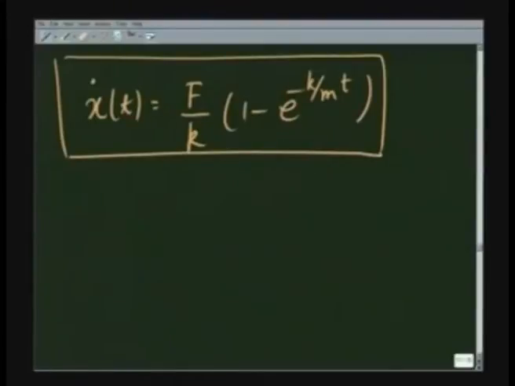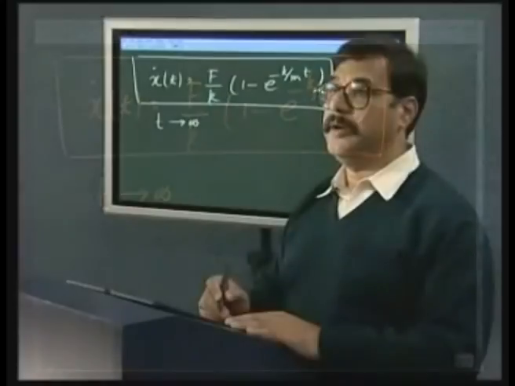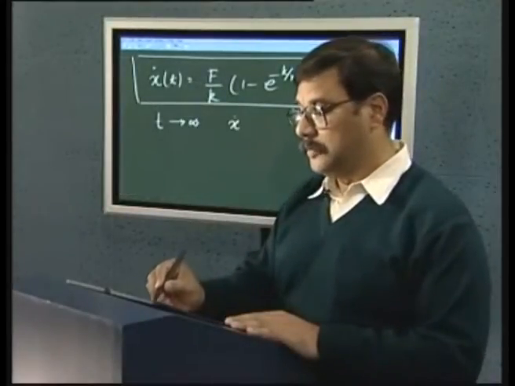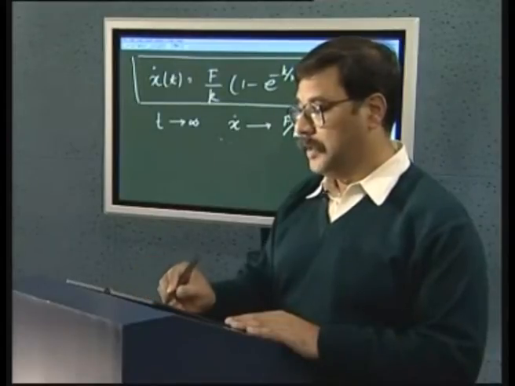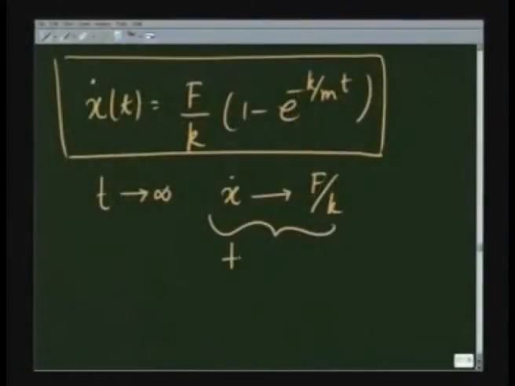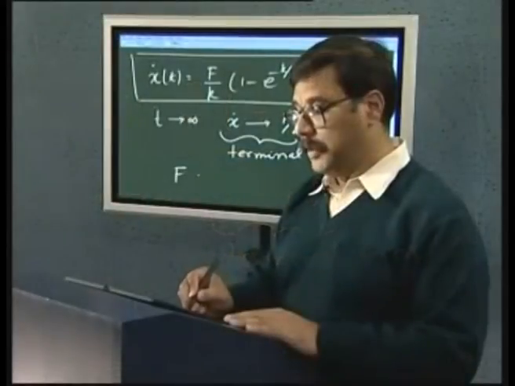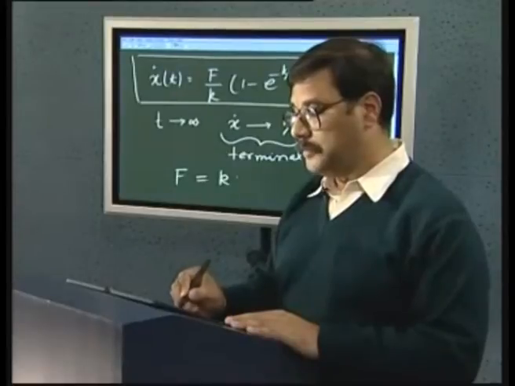You notice as t goes to infinity, that is after a long time I have applied the force, x dot goes to F over k. This is nothing but the terminal speed. At this speed, the applied force F becomes equal to k times v terminal.